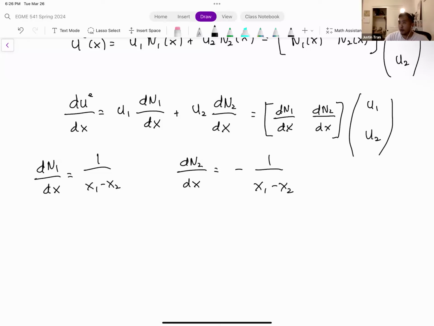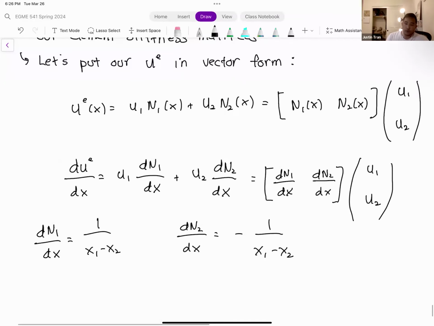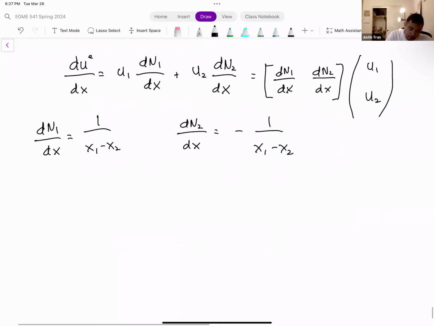Now that we have these expressions, our shape functions, our shape function derivatives, and their associated vector forms, we can plug these into our weak form. So let's write out the finite element formulations.